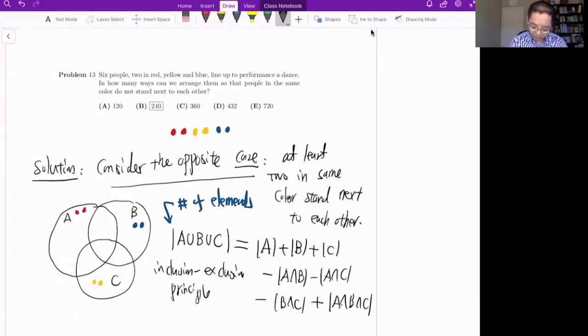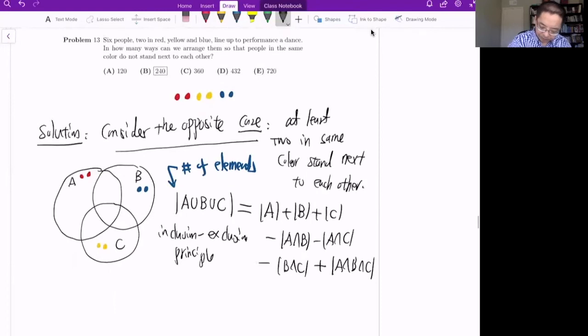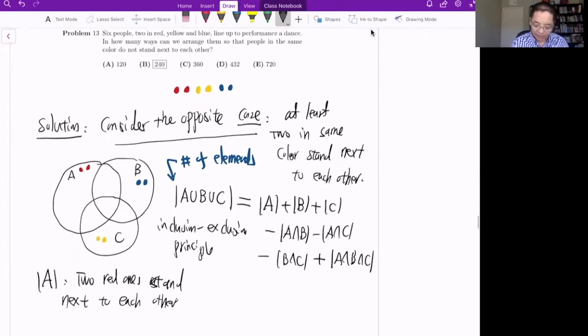All right, so then what do we need to do? Calculate just one by one. Let's first calculate A, because the others are symmetric. Let's calculate the number of A. So A is 2 red ones, so let's record 2 red ones stand next to each other. Okay, so how many do we have?